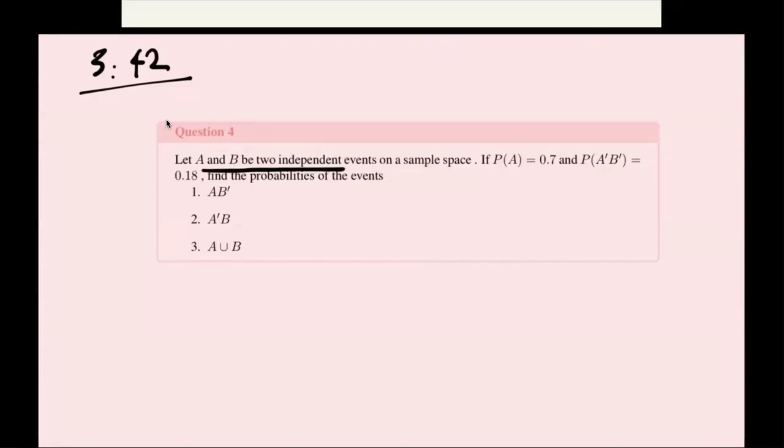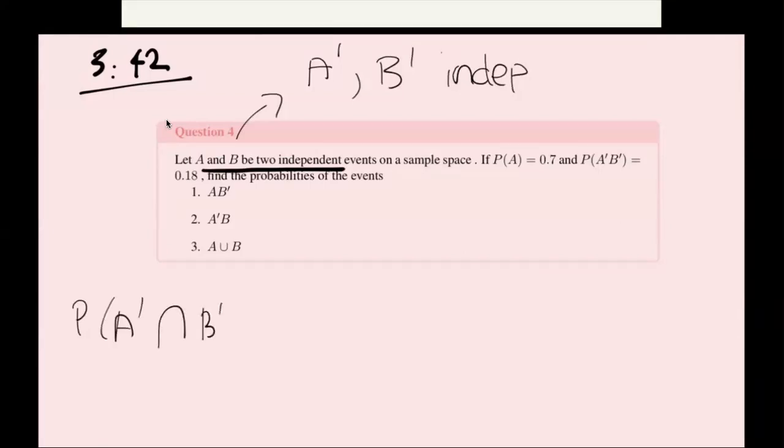So from A and B are independent, we know that A complement and B complement are also independent. Therefore, probability of A complement intersect with B complement is just probability of A complement times probability of B complement.